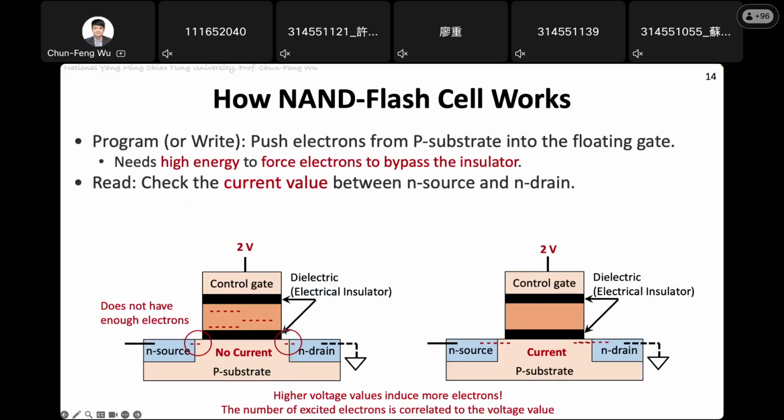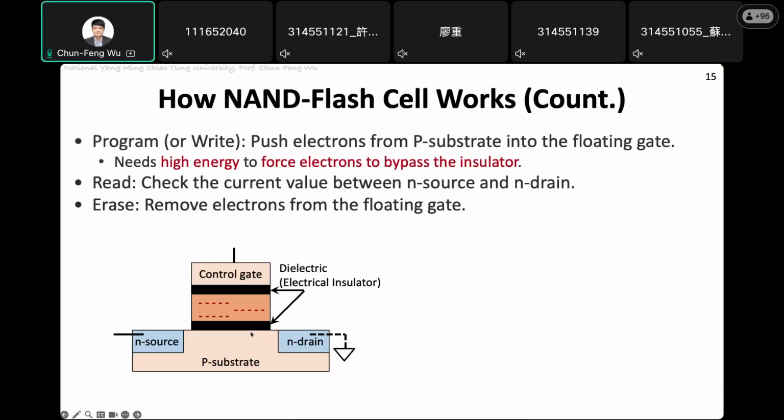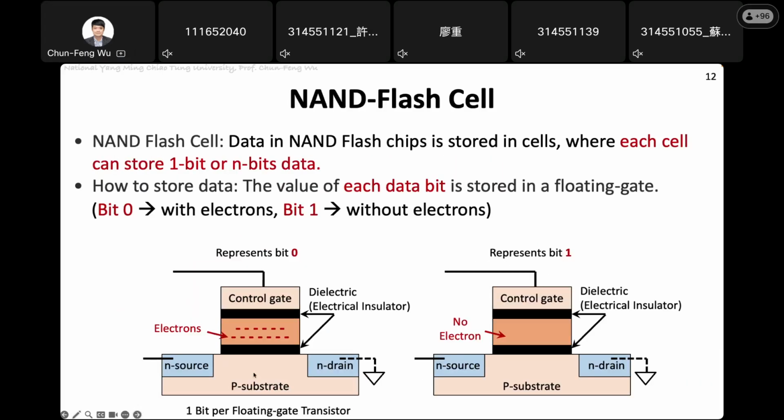When we are going to do the program, it means we move the electrons from the outside P substrate into the floating gate. When the electrons move across the dielectric, they will wear out the dielectric, because the electrons move through the substrate and there are some collisions there. So the dielectric will become thinner.